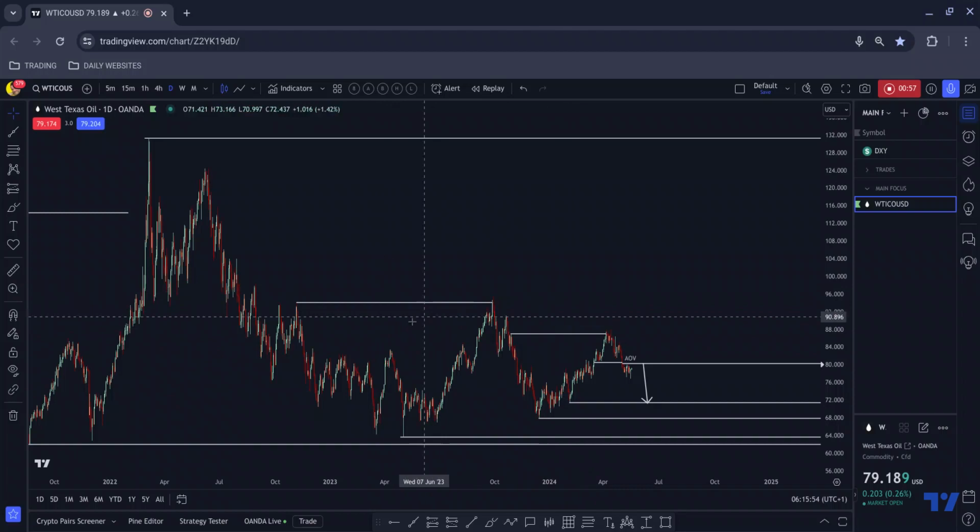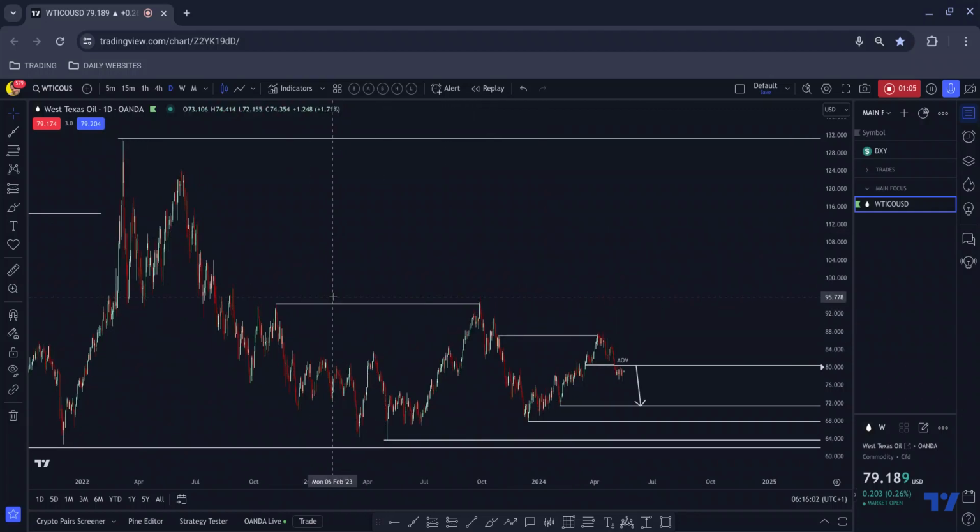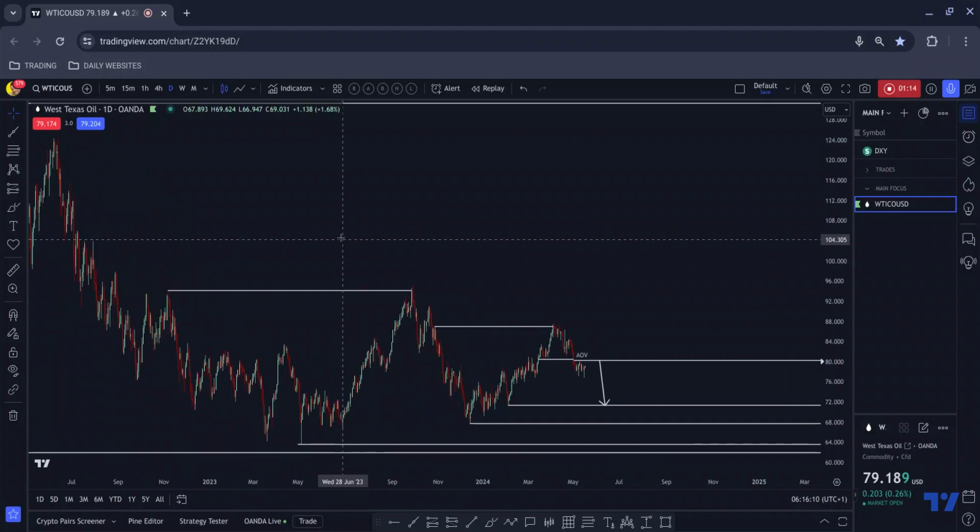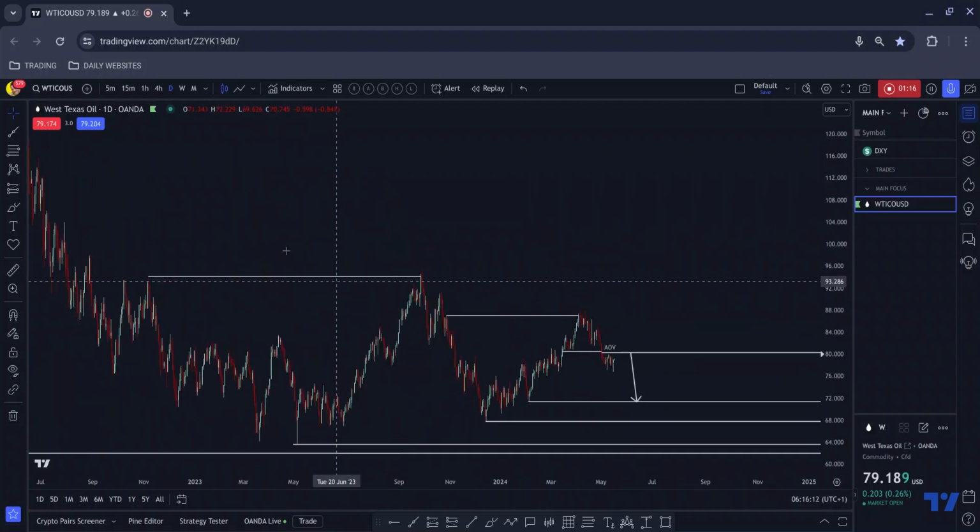But in the course of explaining them all, I'd sometimes forget one or two, just because obviously it takes a lot longer to explain things than it does to actually see things instantly, if that makes sense, once you've been doing this for long enough. But anyway, West Texas oil.